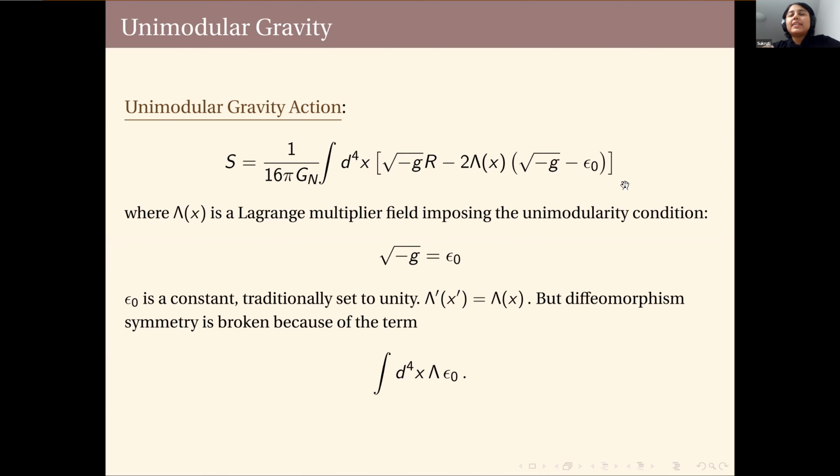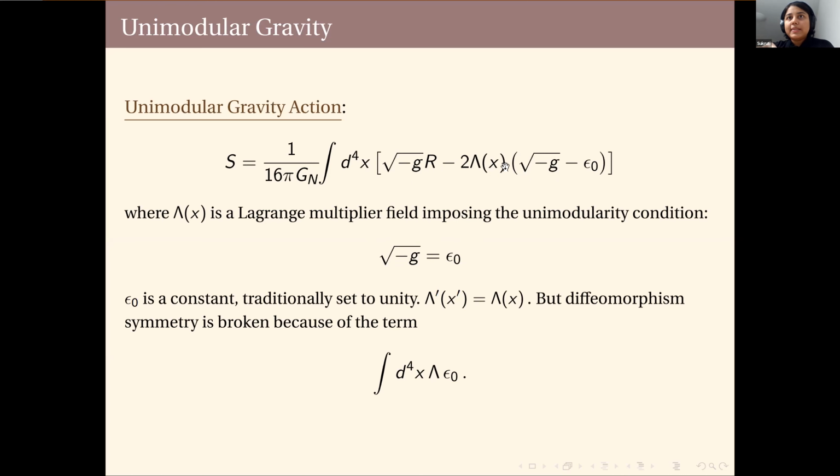Now, unimodular gravity is like a gauge-fixed version of standard Einstein gravity. Gauge fixing in the sense that you are setting the determinant of the metric to be a constant. So basically what we have done here is that we started with the Einstein-Hilbert action and then we added two terms to it.